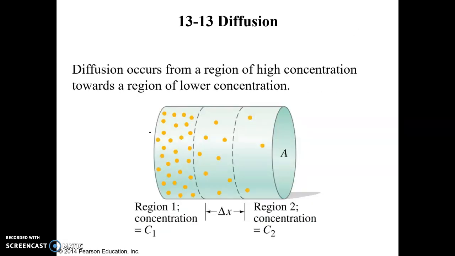So if we were to look here, let's say this is like a ductwork in a heating and cooling system, and we have some area here where the air molecules are more concentrated, and over here they're less concentrated. Well, nature wants things to be in equilibrium. So these more concentrated air molecules are going to disperse or diffuse until they're evenly spread out.